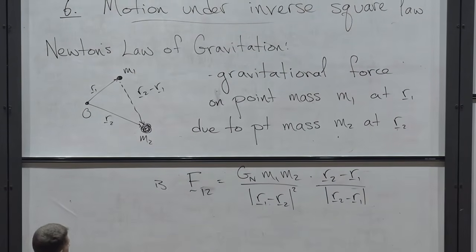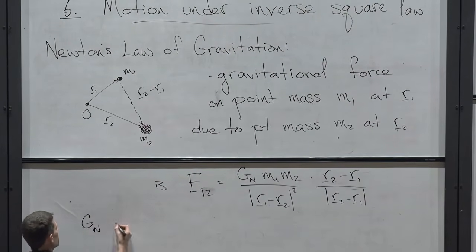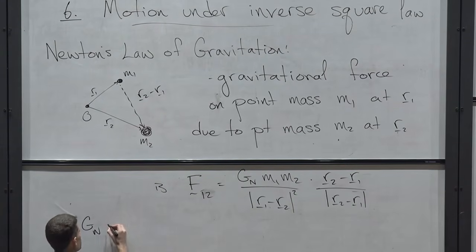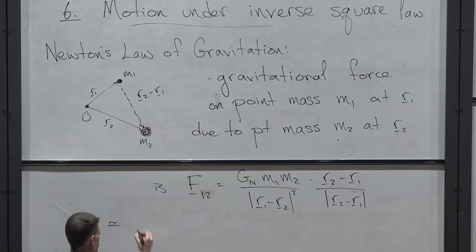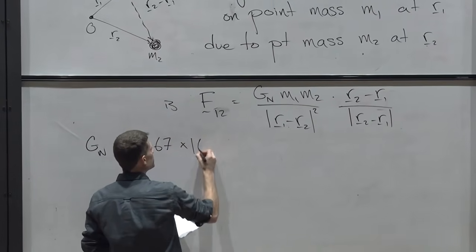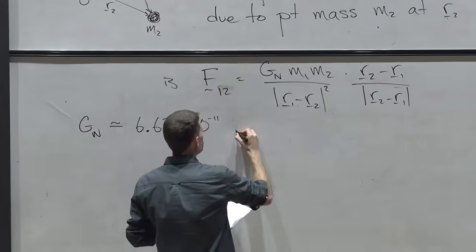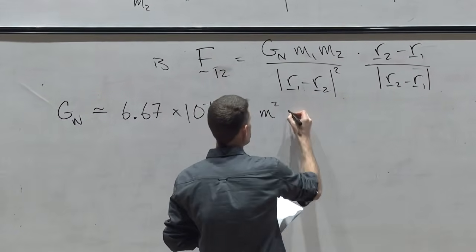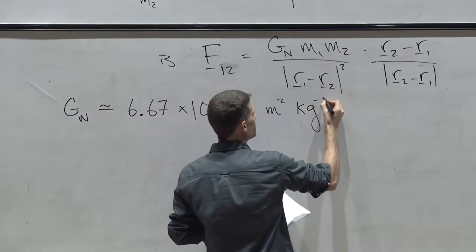Right, so that G is, as we understand it, a universal constant. It has a very specific value, approximately 6.67 times 10 to the minus 11 newton meters squared kilograms to the minus 2.